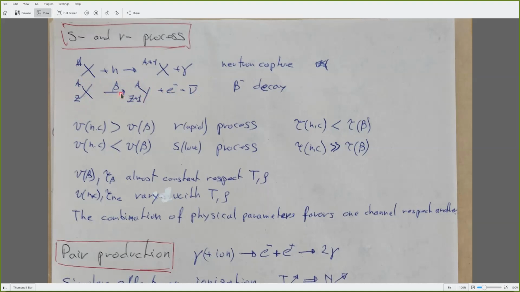As I said at the beginning, remember conservation of everything: mass, baryonic number, and lepton number. So above, we just add a neutron, so it raises the mass number.